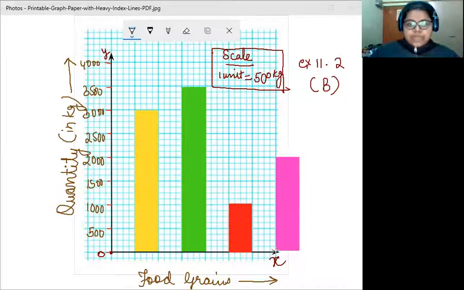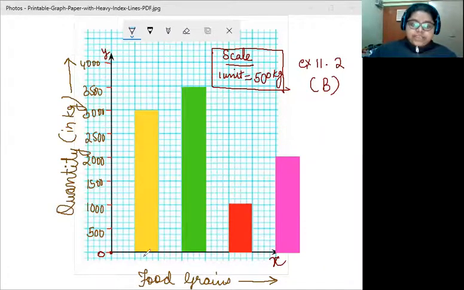This is approximate, but you will have the graph, so it will give you the exact thing. Draw it accordingly. It's a small graph, that's why it has not been included in this. Now you have to mention the different types of food grains.